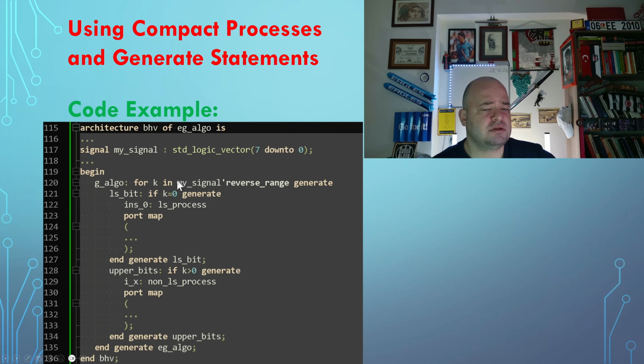Also here, as the bounds of this upper level for generate, we used the signal's reverse range, but sometimes it is also possible to use component generics. For instance, if you would like to optimize a digital signal processing algorithm for the UltraScale+ family, then you use a string FPGA family generic.